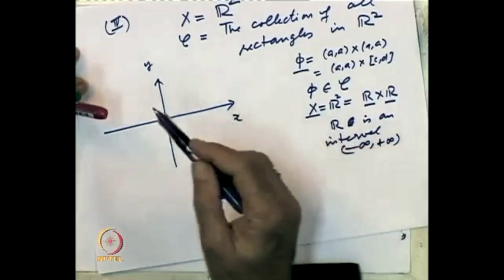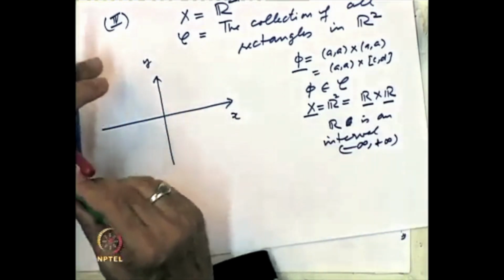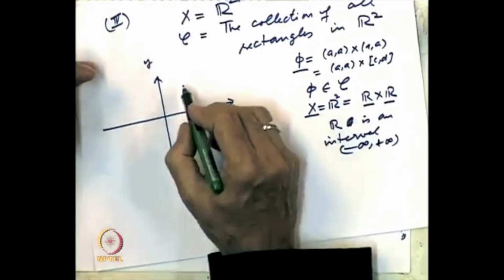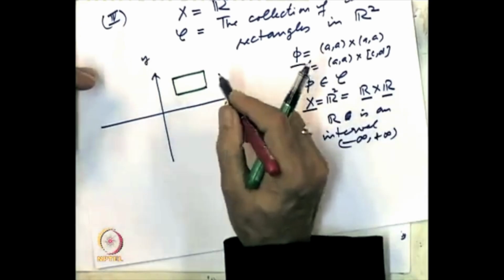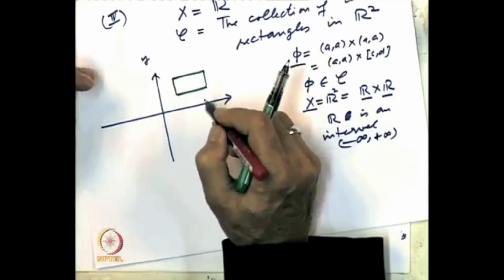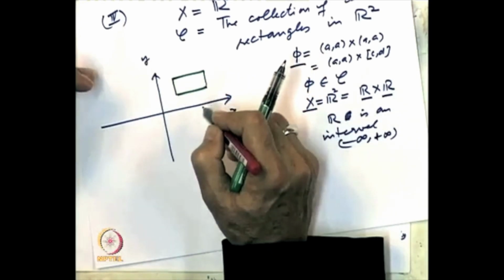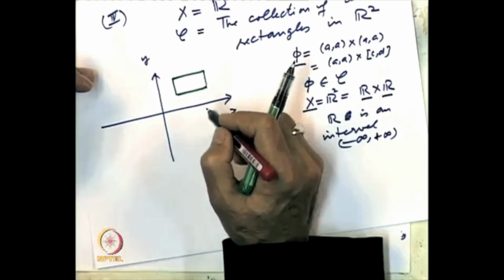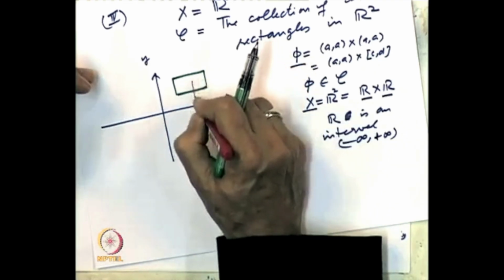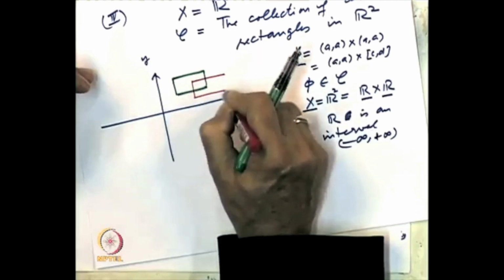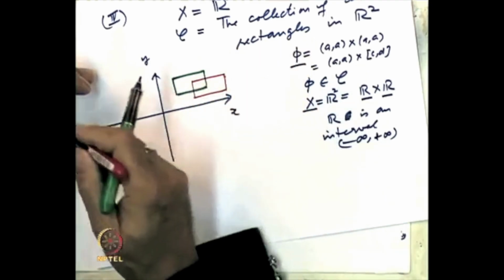Let us take two rectangles and see whether the intersection of these two rectangles is also a rectangle. So let us take one rectangle here and another rectangle. The possibilities are they don't intersect. In case they don't intersect, then there is nothing to prove, because the intersection is an empty set which is already a rectangle. So let us take a rectangle which intersects with the earlier rectangle.